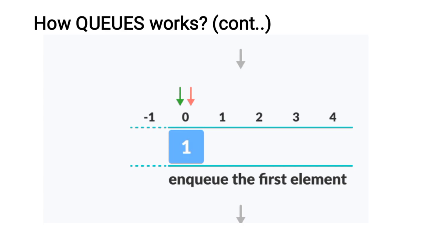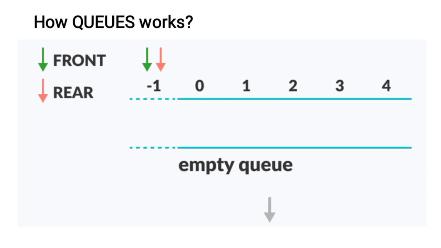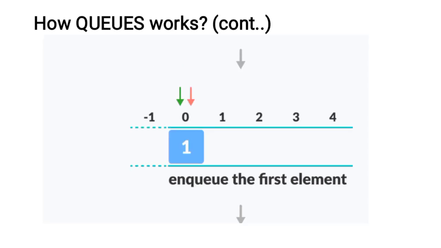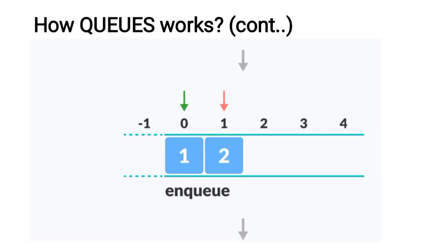Remember that, as I said, front will be green and rear will be red. Then moving on, if we add the second element into the queue, it means that the rear will be incremented by 1.